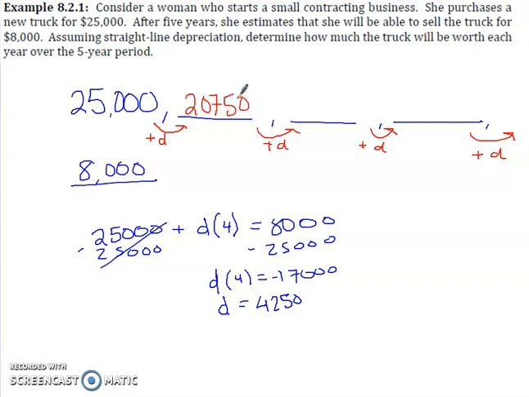Subtracting that 4,250 again, I have a value in the third year of $16,500, and then subtracting 4,250 one more time, I have a value of $12,250 in the 4th year. So each year along the way, these are the values that the truck is worth.